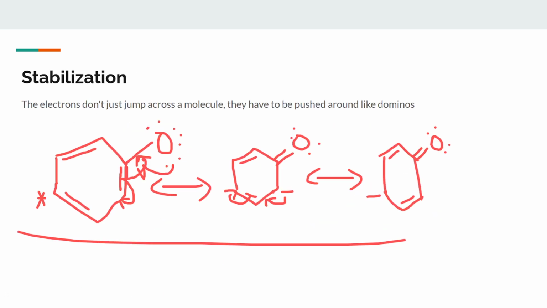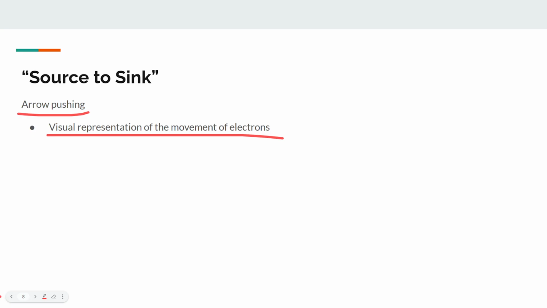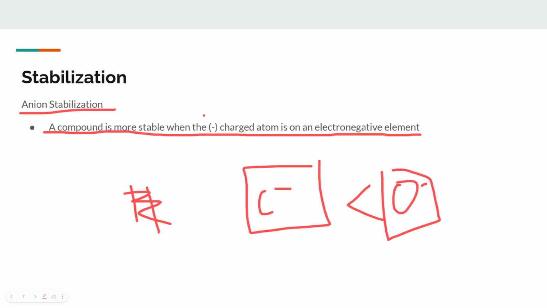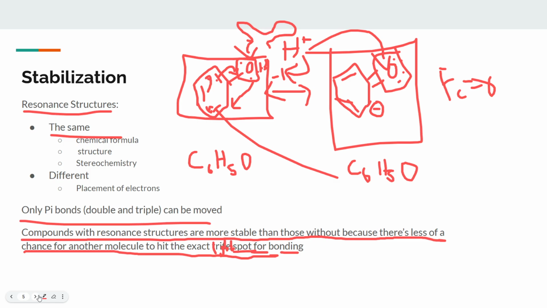So an electron source would be either a double bond or a lone pair, because we can move those around in our resonance structures without changing the general structure. So those are always free to move around the molecule wherever they want, given our rules of stabilization and destabilization here. Obviously they're not going to move to a hydrogen or something.